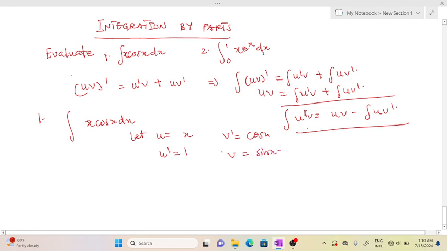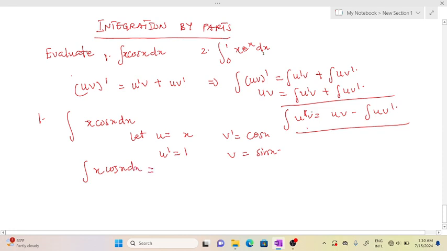Once I have these parameters down, I come to my integration by parts. The integral of u prime v should be equal to uv minus the integral of uv prime. So my integral of x cos x dx will be equal to uv.